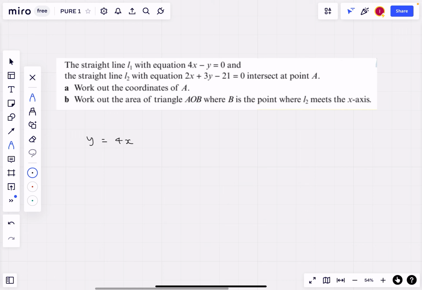And then we can sub it in: 2x plus 3 times 4x minus 21 equals 0. Can you finish this off? Can you work out the coordinates of A, please?